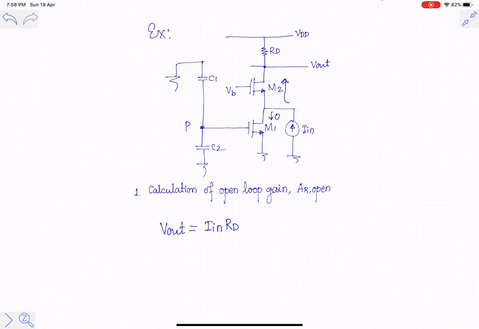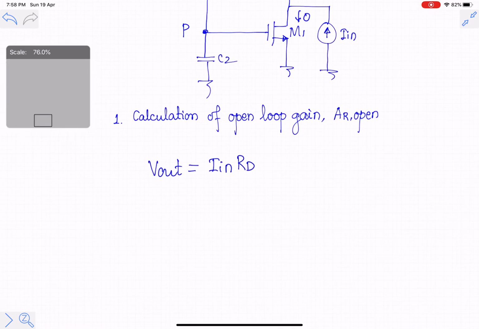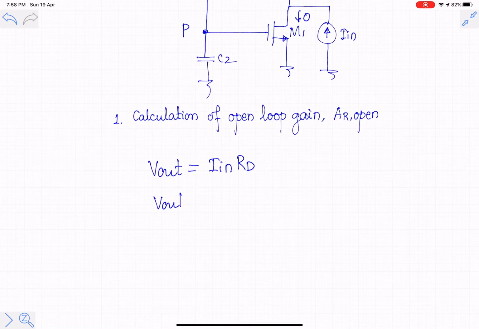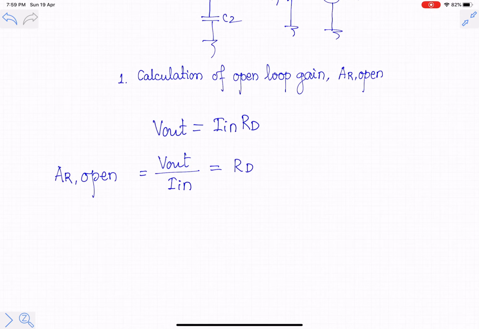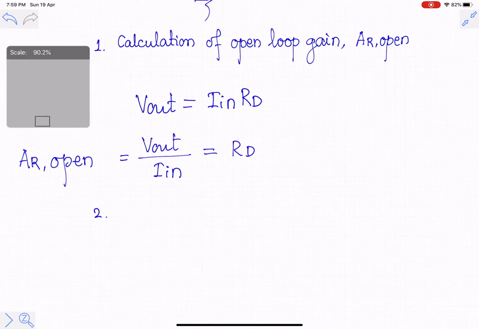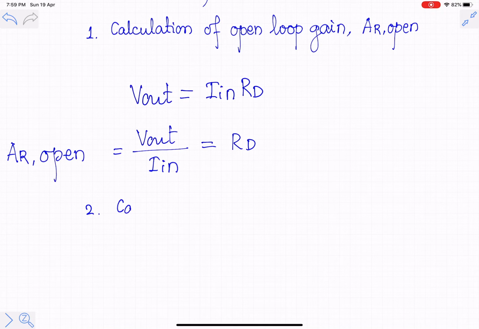So all the current I in will go through M2 upward and will flow through RD to produce the output voltage. So we have V out divided by I in, which is the gain of the transimpedance amplifier, equal to RD. So this is AR open. You can see that the unit of this gain is that of a resistance. Now once this is known, the second parameter that we have to calculate is the loop gain.